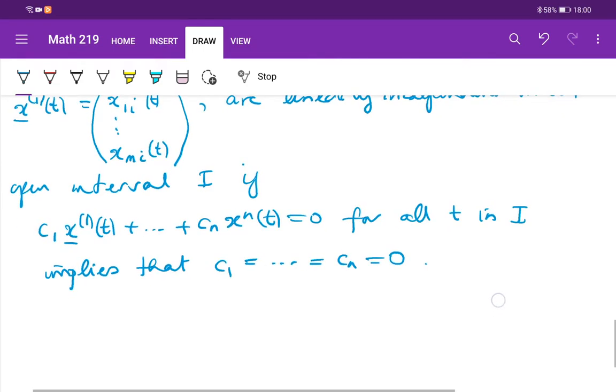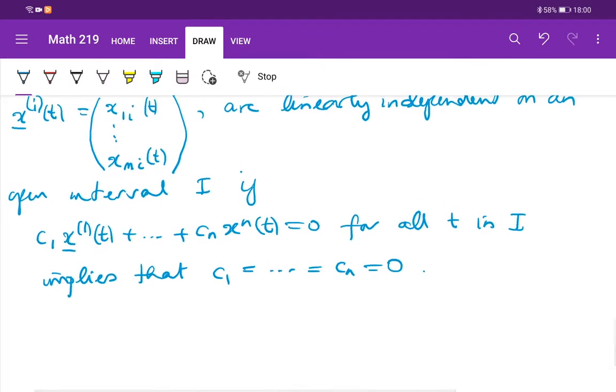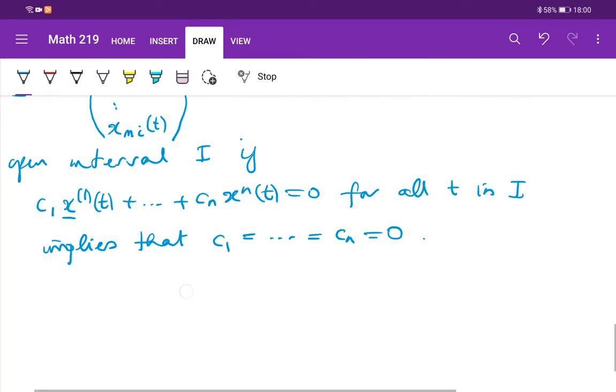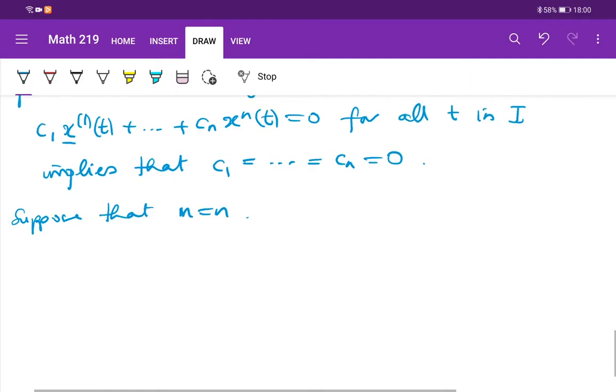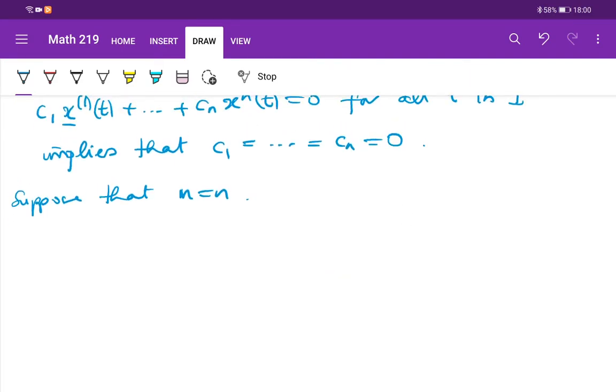Okay, so typically we're going to assume that m is equal to n. Let's suppose that m equals n, and consider the equation we're interested in. This is c1 x1(t) plus up to cn xn(t).